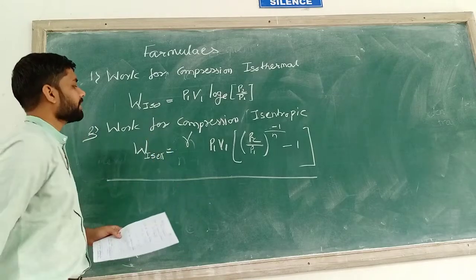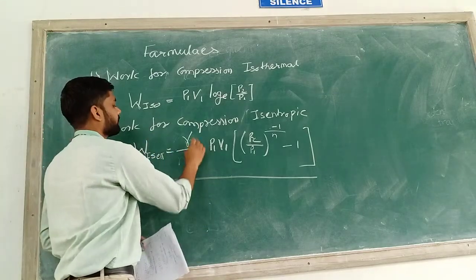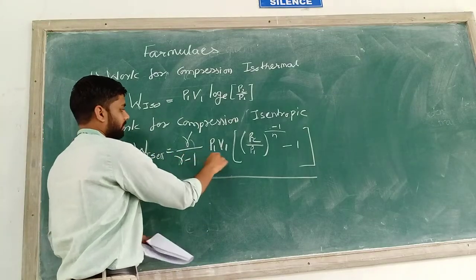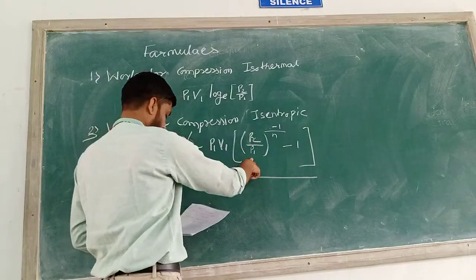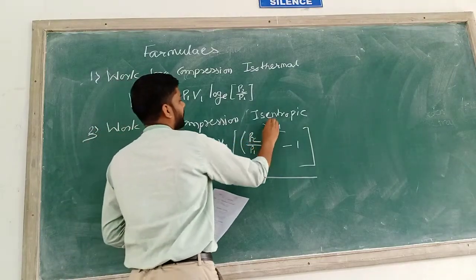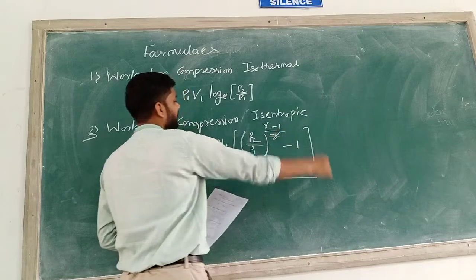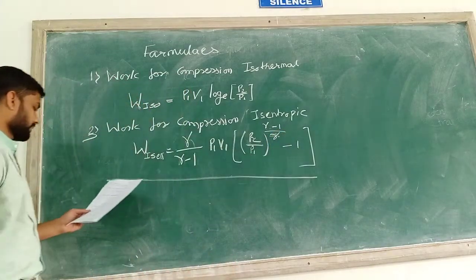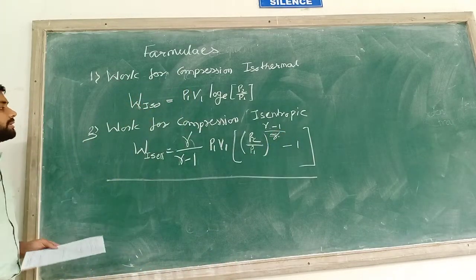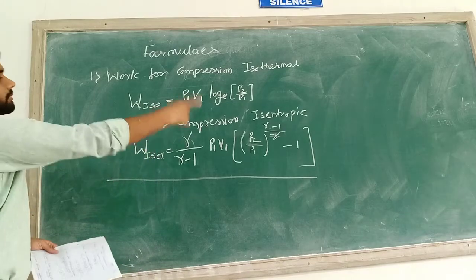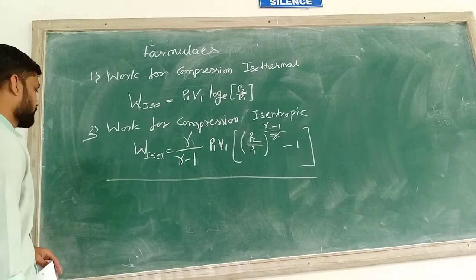Work done for isentropic compression is gamma upon gamma minus 1 P1 V1 into P2 by P1 to the power gamma minus 1 upon gamma. So this is the formula for work done for isentropic compression.